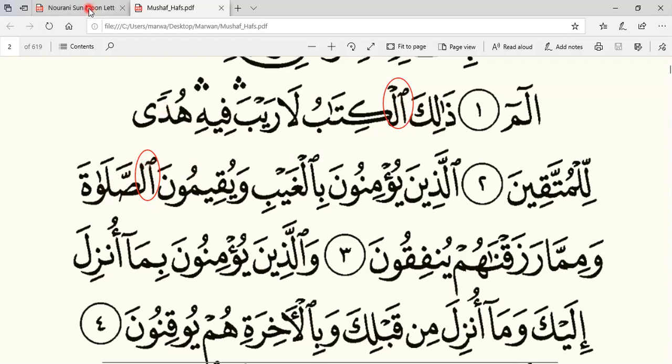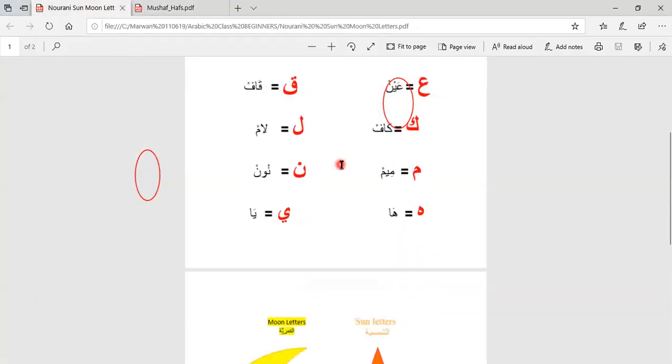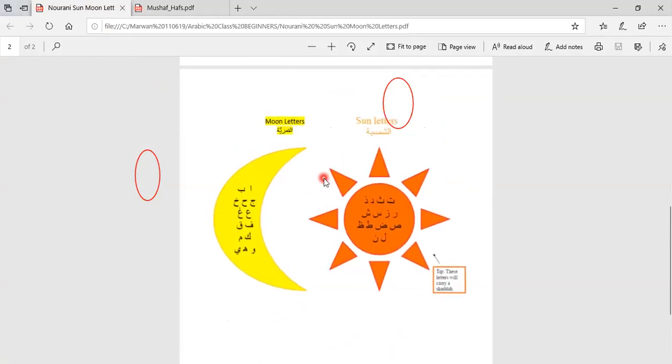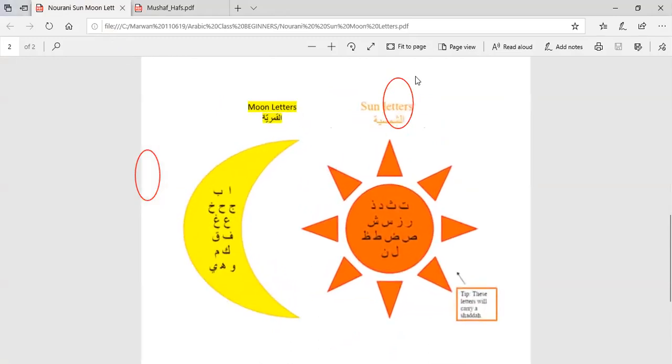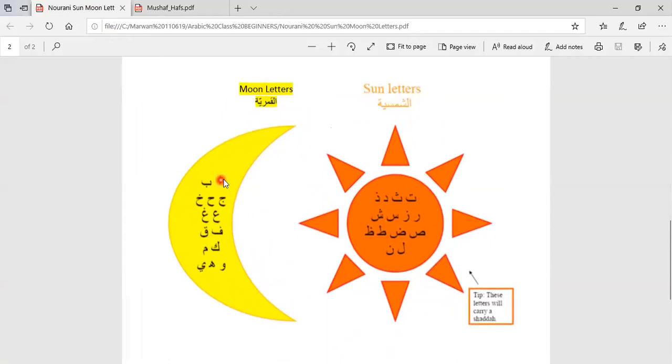But to understand a little bit more of what's behind it, there's actually a set of letters. The letters are divided between sun letters and moon letters, or solar letters and lunar letters. They're divided in half, meaning 14 of them are here and 14 of them are here.